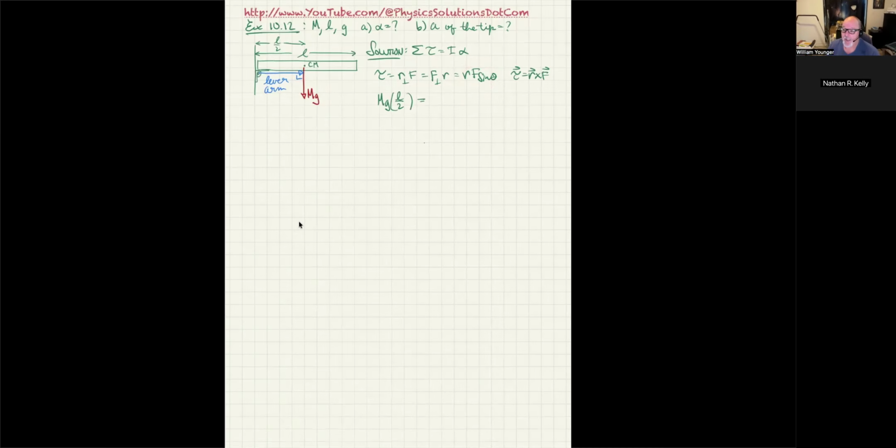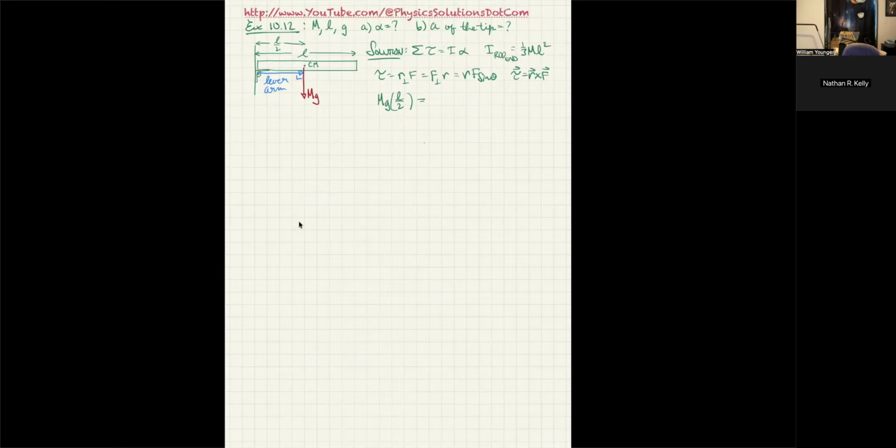And last time we derived the moment of inertia for a uniform rod. Rotated about its center it was 1/12 ml squared, but rotated about the end like we're doing here, that's 1/3 ml squared. So I'm also going to use I rod end is equal to 1/3 ml squared in this case.